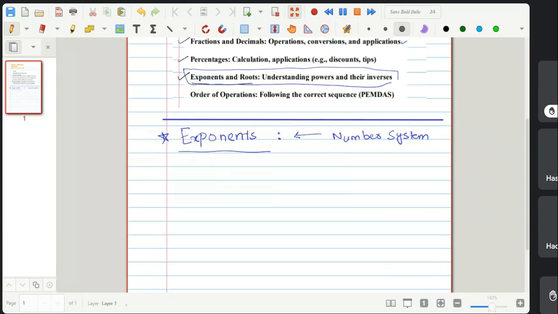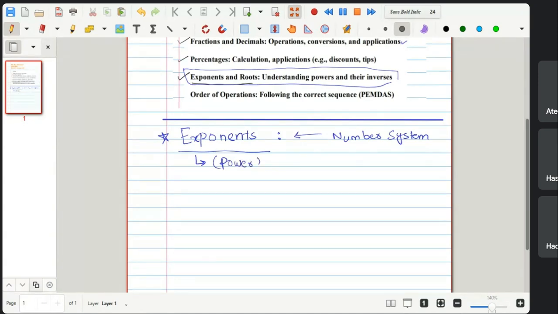Yes, the synonym of exponent is power, and if it doesn't bother you, I want to define it. Yes, please define. So in terms of mathematics, exponent means how many times a number is multiplied by itself. It is the simplest definition of it. Yes, very good. Exactly. Thank you for defining.